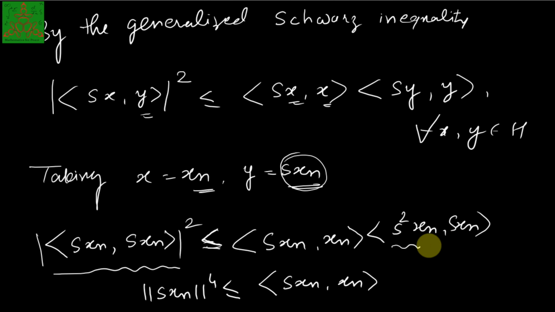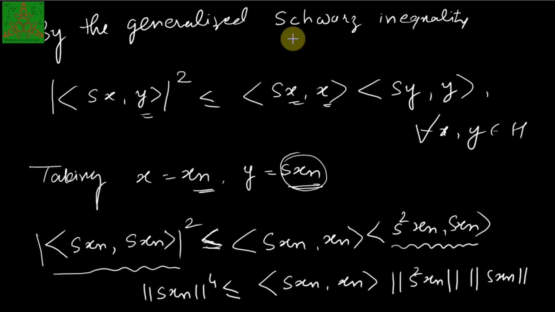This can be written as less than or equal to the norm of xn squared times the norm of xn. Since S is a self-adjoint operator, the norm of Sxn to the power 4 is less than or equal to ⟨Sxn, xn⟩ as it is.